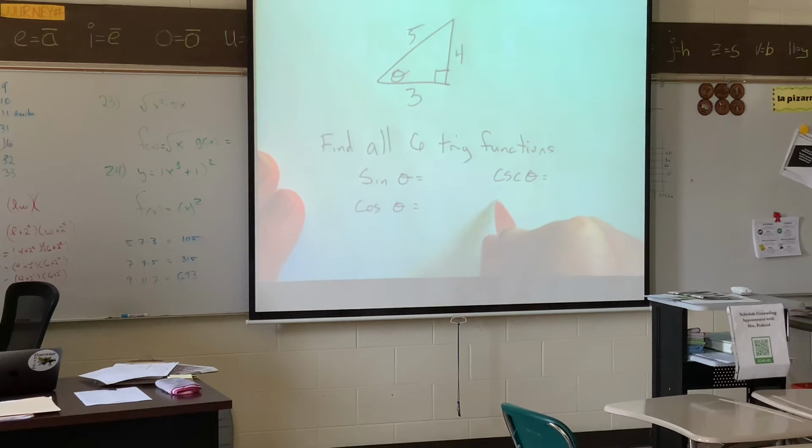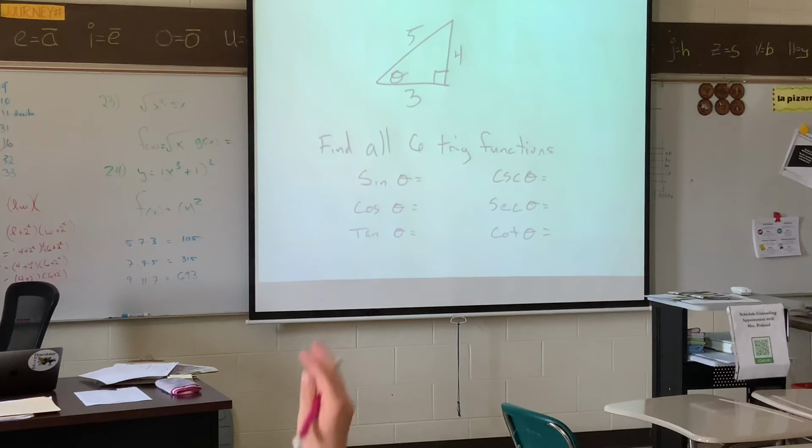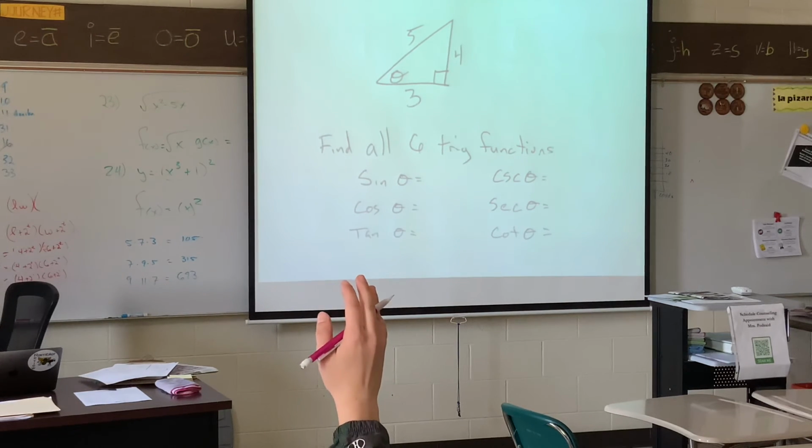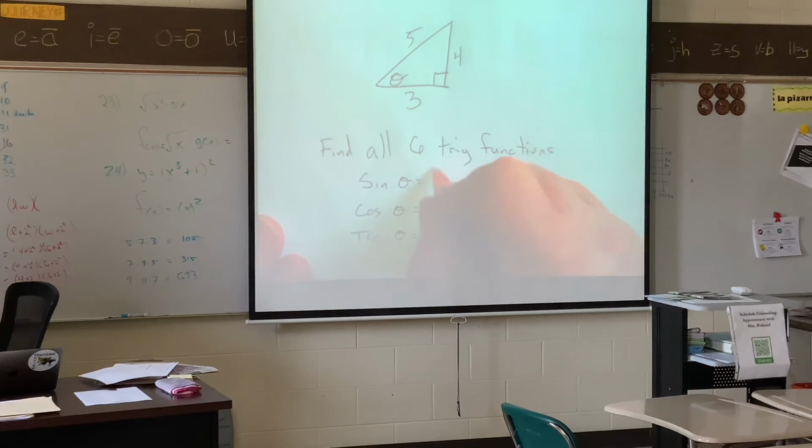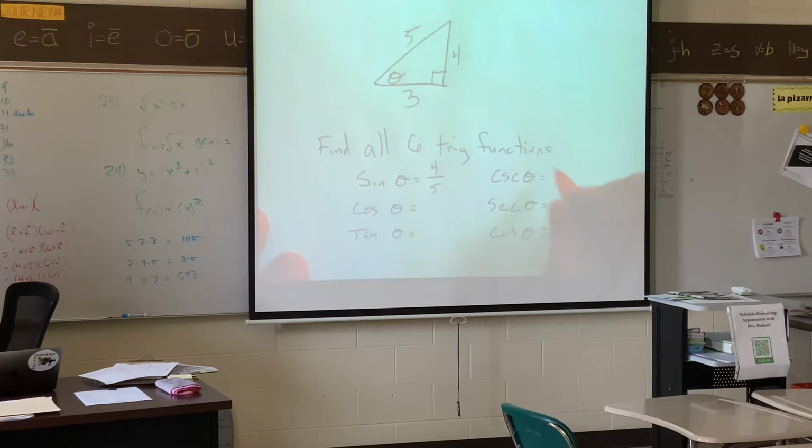S to C, C to S, secant theta, tangent theta, cotangent theta. Who can give me sine theta? Raise your hand. Looking at my right triangle, who can give me sine theta? Shauna. 4/5. Which cosecant theta is then what, Shauna? 5/4. Just flip the fraction.